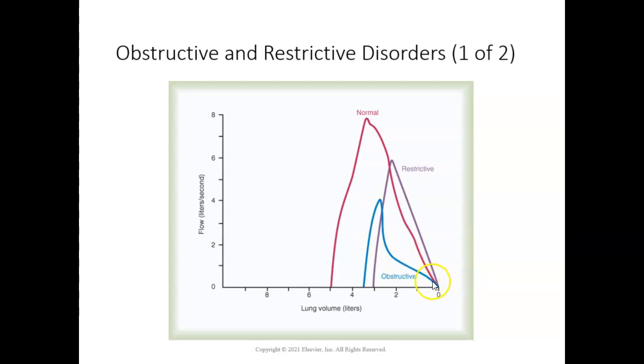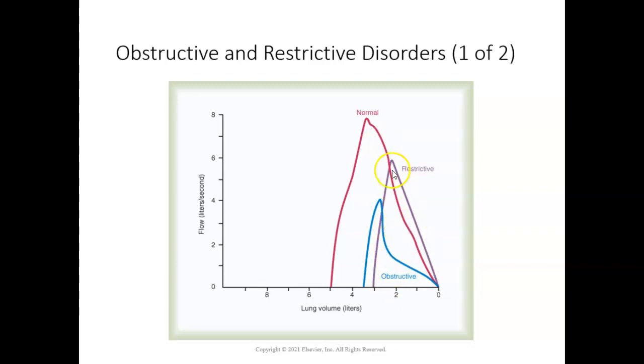You'll also notice that the volume overall is lower, because if I have a lot of airway resistance, that decreased flow rate also has a negative impact on my volume.